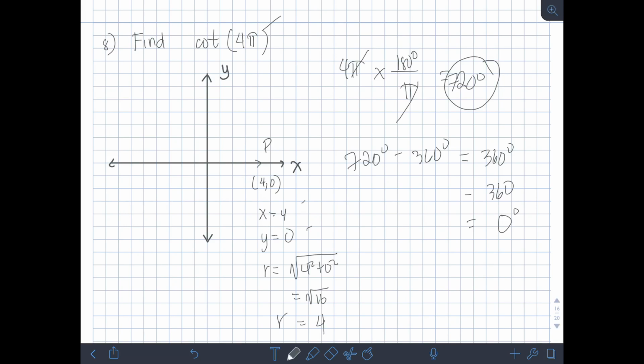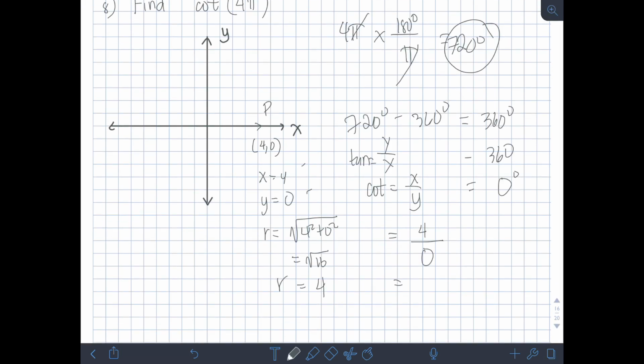So, apply natin yung definition. Di ba yung cotangent is reciprocal nung tangent. Yung tangent natin is y over x. So, therefore, cotangent is x over y. So, substitute natin yung values. We have x is 4 and y is 0. So, therefore, 4 over 0 is undefined, right?